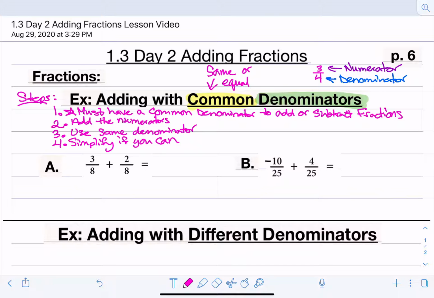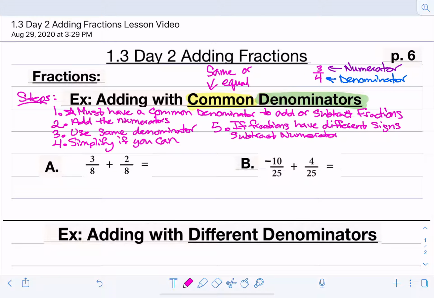All right, now last but not least, number 5 is if fractions have different signs, subtract the numerators and use the sign of the bigger number.